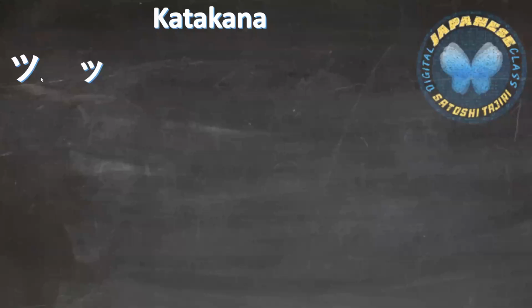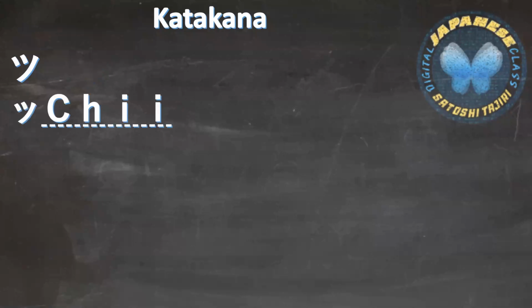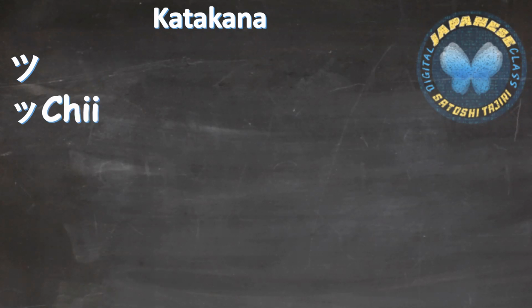There are big tsu and small tsu. The first one is the normal, but this one we call chiisai tsu. This is a small one. We use this one for producing a double consonant. So if you will do a double consonant.